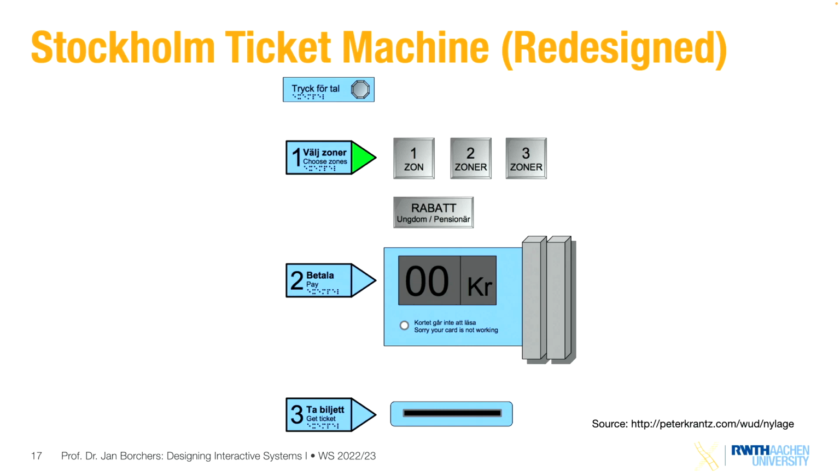A trick up there is to change your press for speech, so you could trigger a voice interface if you can't see well, and it also has braille labels next to it and stuff like this. But the most important thing is that this goes from top to bottom, a natural mapping that everybody in the world will find more accessible to use than the one that we saw before.